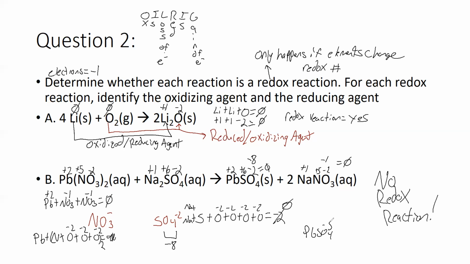If you put -8 for oxygen, that's wrong. Oxygen is not -8. Oxygen is -2. Then you have to go one step further and realize that if I have 4 of these, in total all of the oxygens are -8, but each individual one is -2. That's the very tricky part, so keep that in mind.